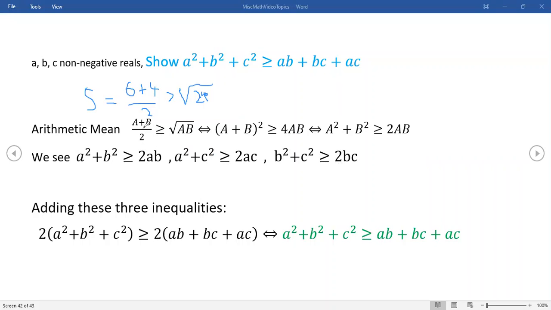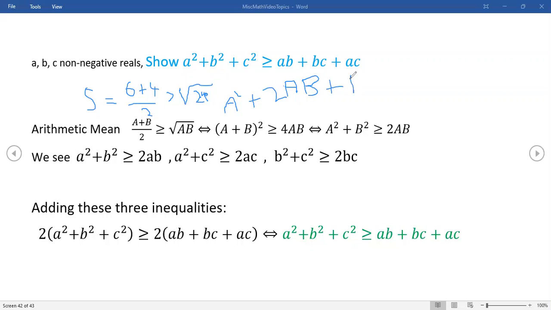But if you multiply through by 2 and square, you get this expression. And note that a plus b squared actually is a squared plus 2ab plus b squared, right?